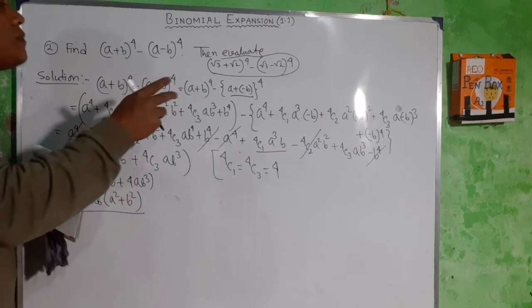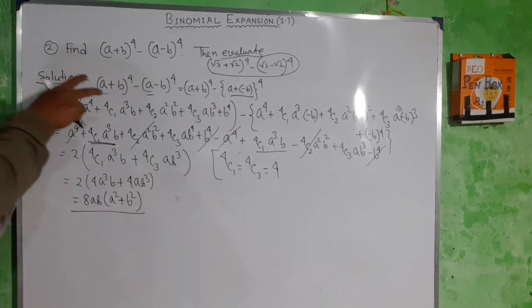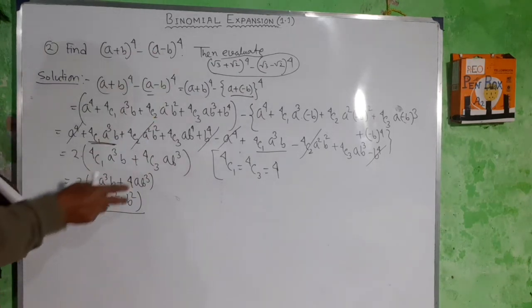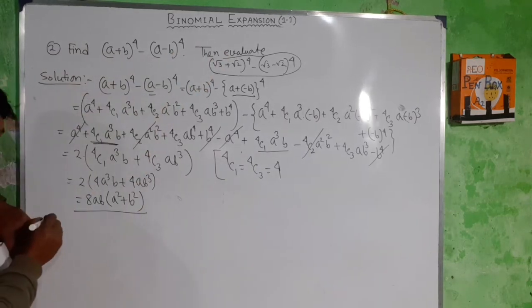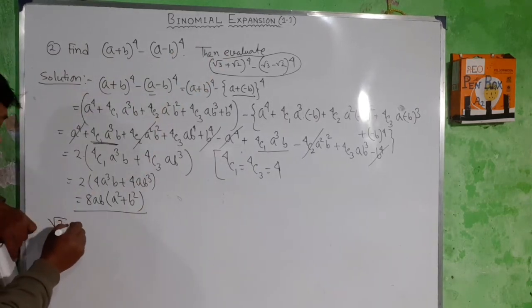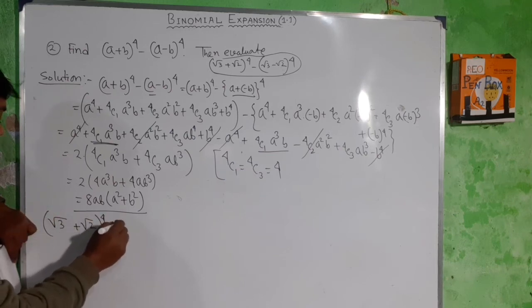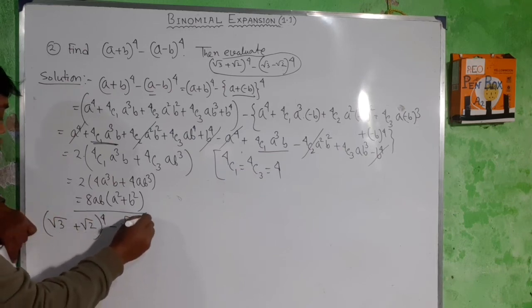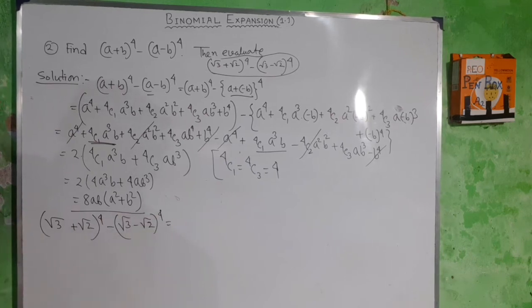Okay, you can evaluate this problem by using this formula also, or you can directly expand this expression and calculate. I have already expanded this term, so that's why I am using this result. So what about root 3 plus root 2 whole to the power 4 minus root 3 minus root 2 whole to the power 4? I have taken here a equals root 3, b equals root 2.